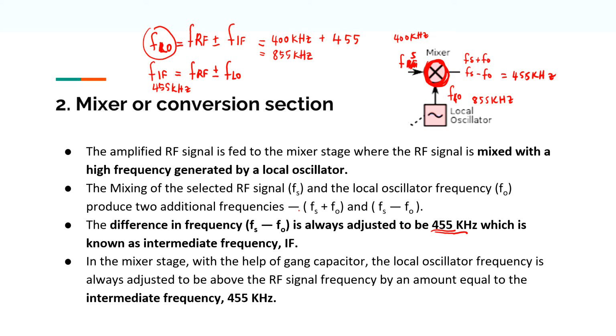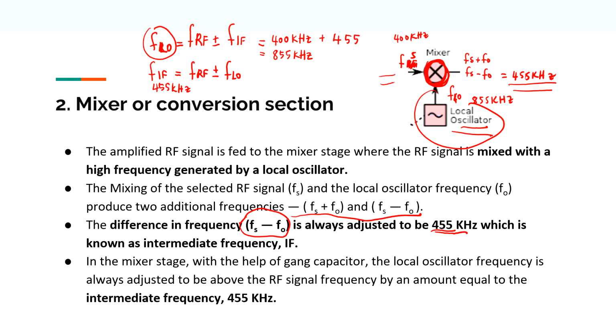So the output of the mixer is plus minus, but we usually consider the minus. That means the difference between the local oscillator and RF should be 455. So the frequency of the local oscillator will change to get the output of the mixer at 455 kilohertz.